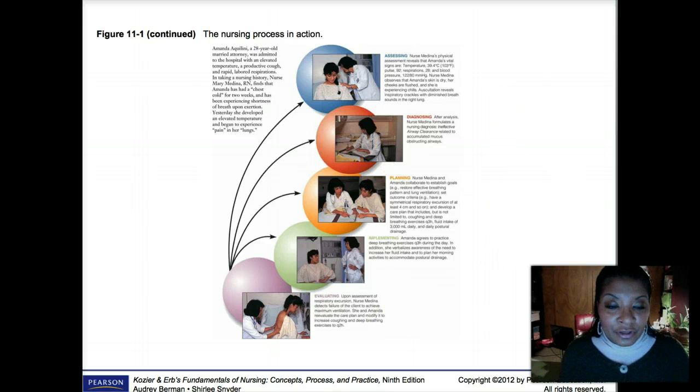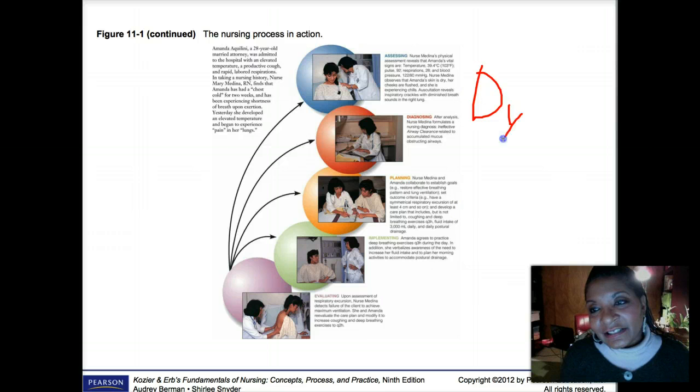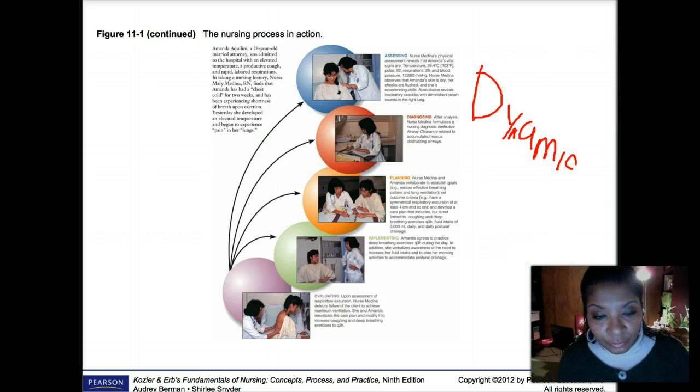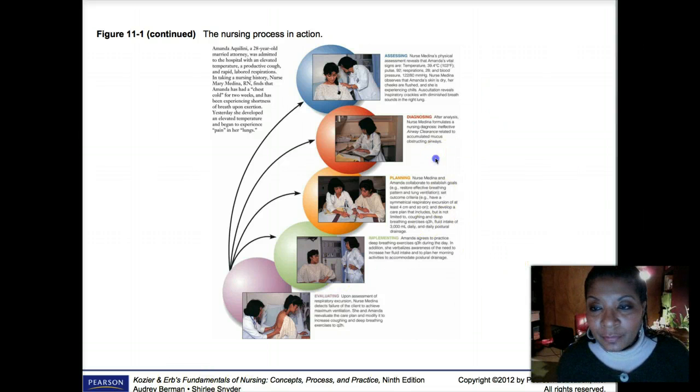So the key here is the nursing process is dynamic. It's dynamic, meaning it's always going on. It's a dynamic process, and it's cyclical. So with our patients, we're always assessing, no matter what.